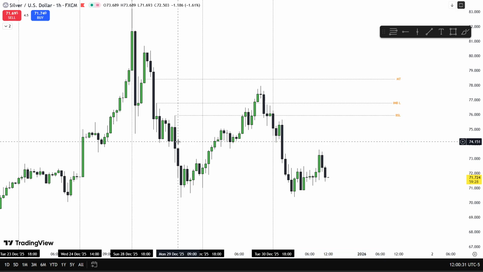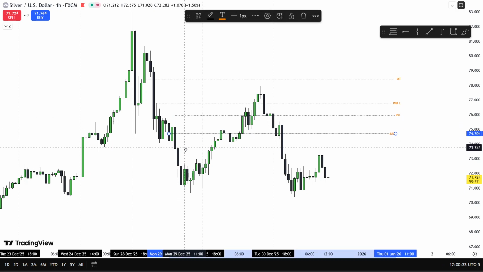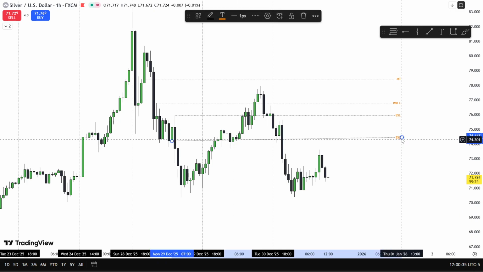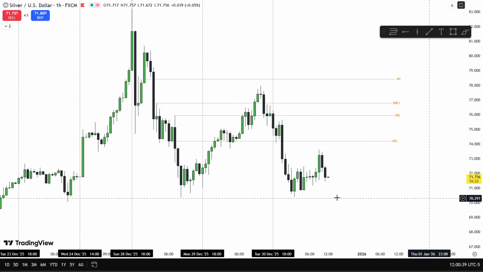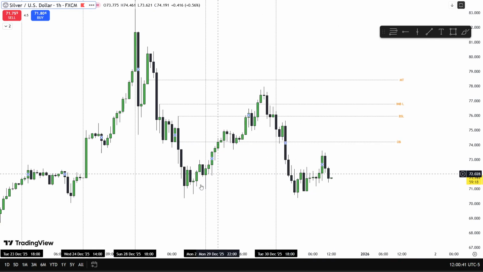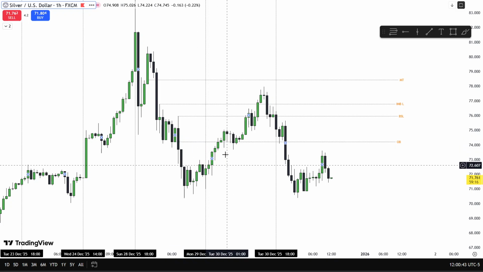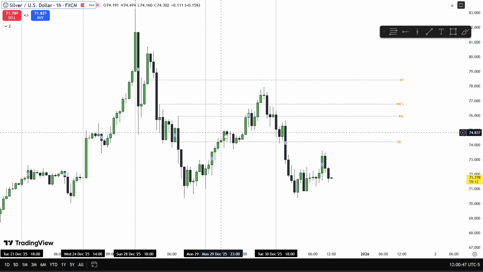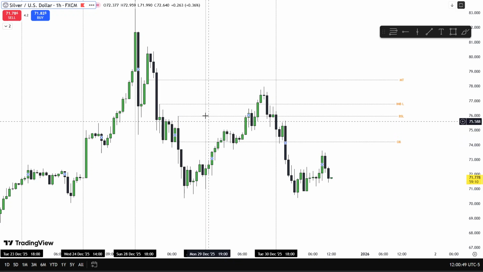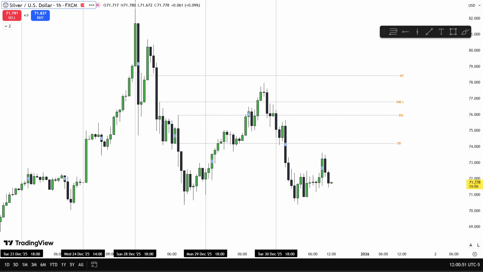This is our order block. What we are doing is we want to observe how price is behaving in these regions.